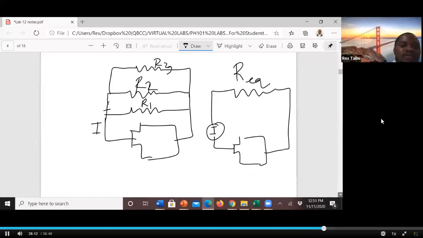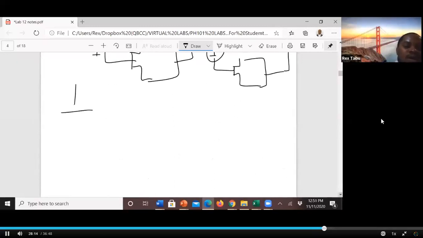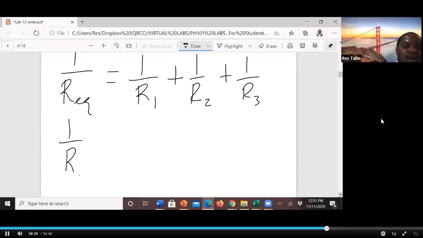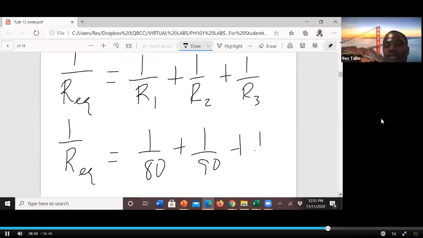For a parallel circuit, you use this formula: 1 over R equivalent is equal to 1 over R1 plus 1 over R2 plus 1 over R3. Then you plug in the values. So 1 over R equivalent is 1 over 80 plus 1 over 90 plus 1 over 100.